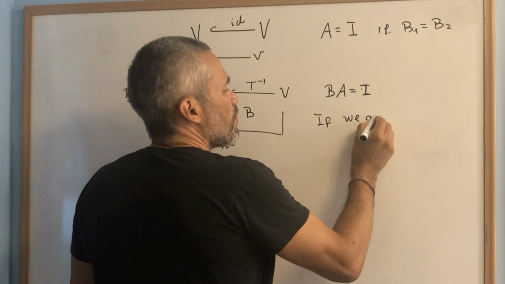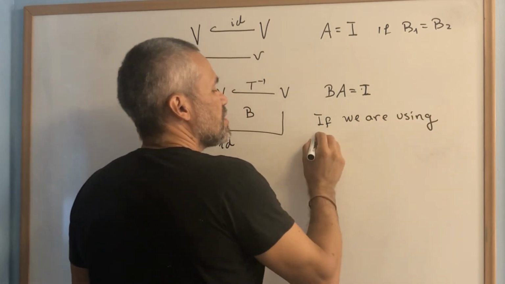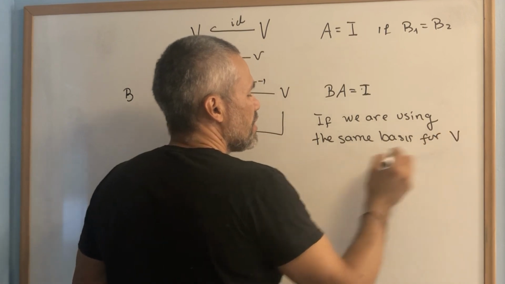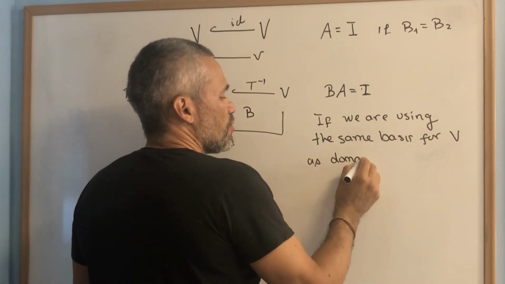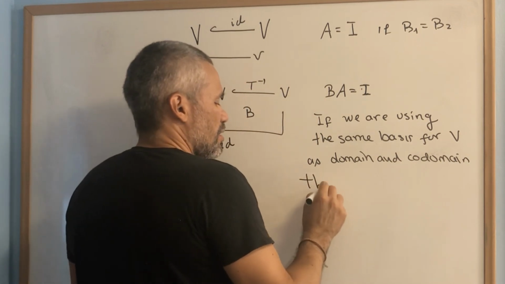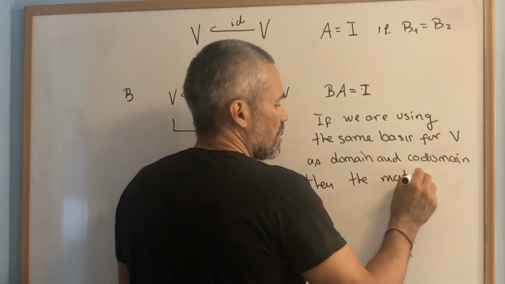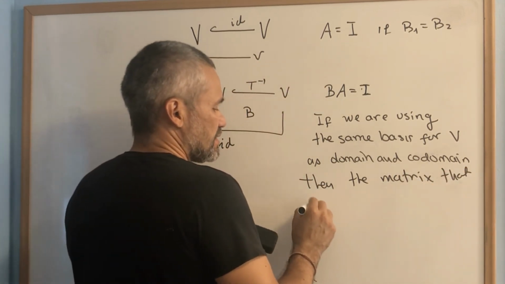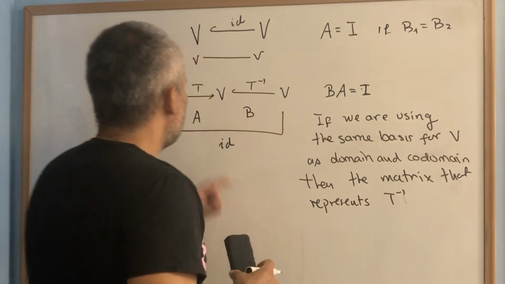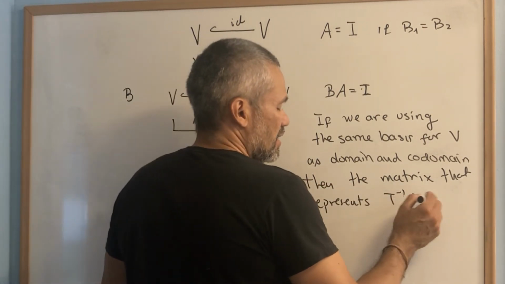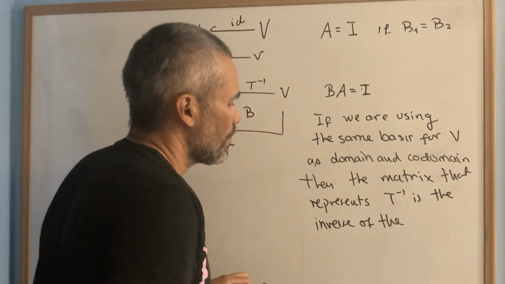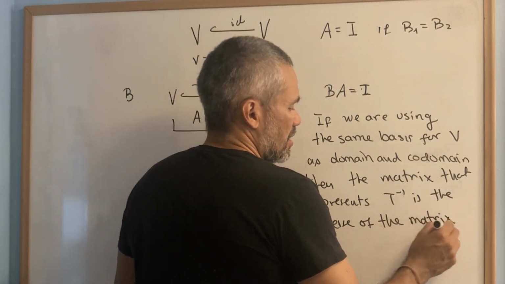If we are using the same basis for B, we just put as domain and codomain, then the matrix that represents T inverse, in case that inverse exists, is the inverse of the matrix that represents T.